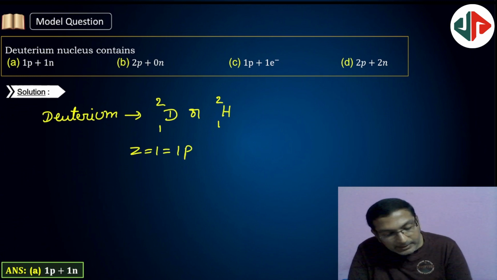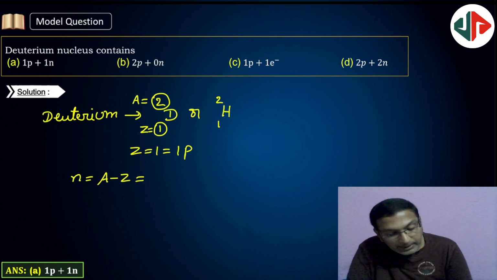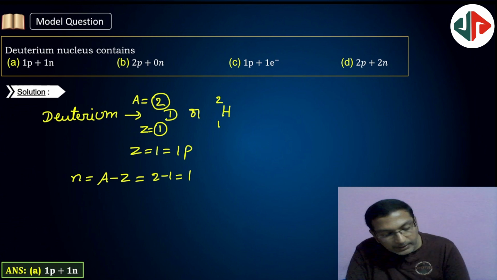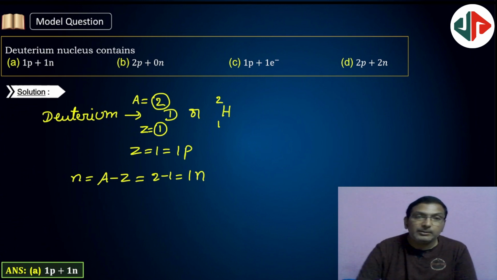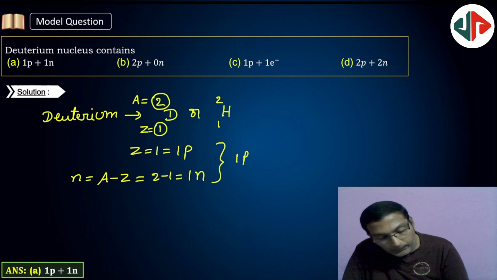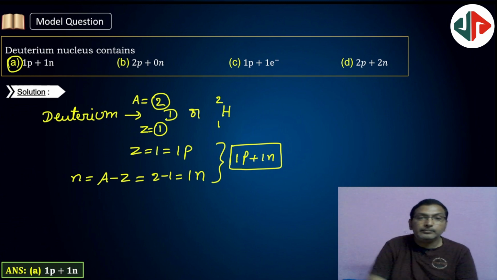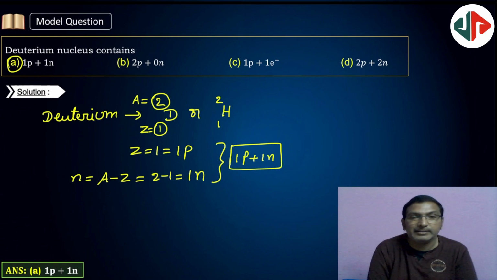Here 1 is the atomic number and 2 is the mass number A. So A minus Z gives the number of neutrons. A minus Z, 2 minus 1, that is 1. So 1 neutron. So deuterium contains 1 proton and 1 neutron. So the option will be A. 1 is atomic number, 2 is mass number. A minus Z gives neutrons.